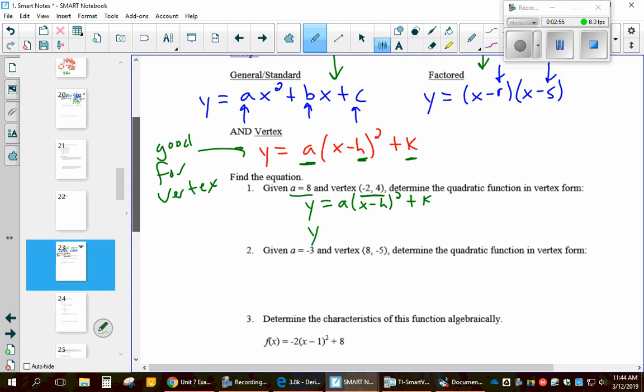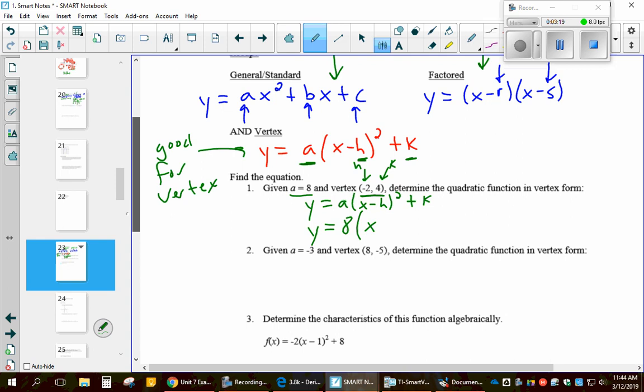It's told us in the question that a is equal to 8. I'm just going to write an 8 there instead. And then the x stays, right? That's part of my equation. And then here's the thing. The h and the k relate to these two numbers. The h is going to be this value, and the k is going to be that value, right?